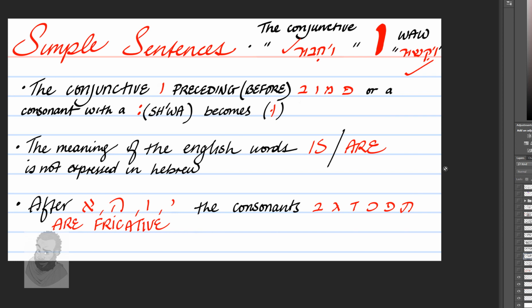Okay, so remember that. So after these consonants, the begad kafat becomes fricative or soft. They're no longer plosive and hard. So b, g, d, k, p, t, no longer that, but v, r, v, ch, f, th.